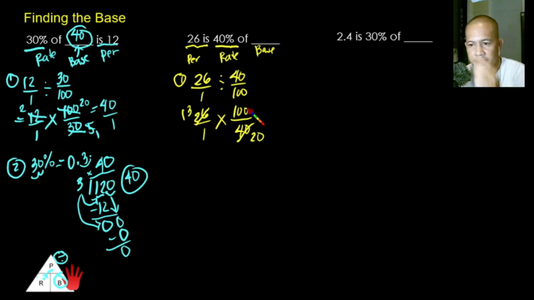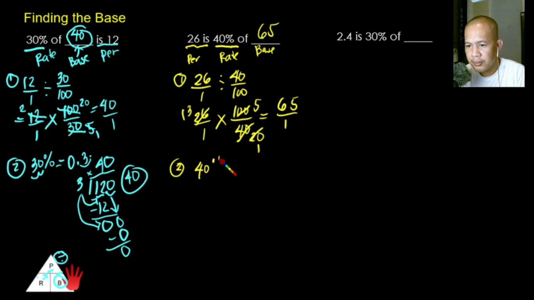We can also cancel 100 by 20. So that is 5. And 20 divided by 20, it's 1. So we have 13 times 5. So that is 15, carry 1, that is 65. All over 1, we can say that the answer is 65.